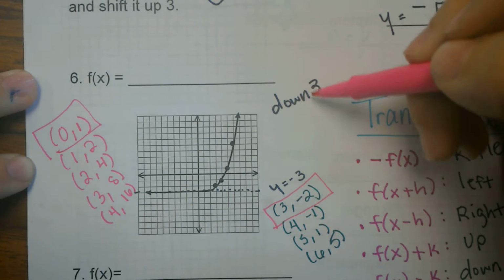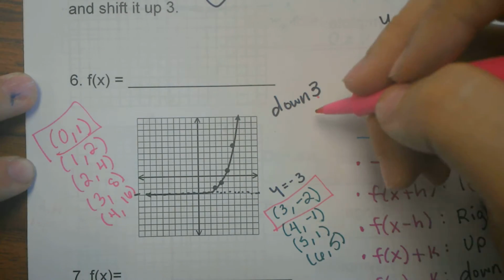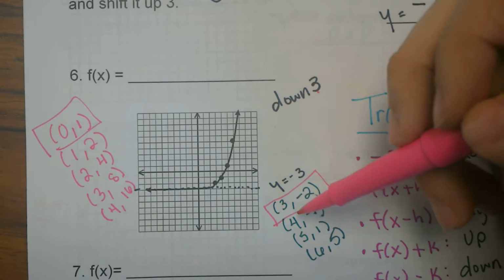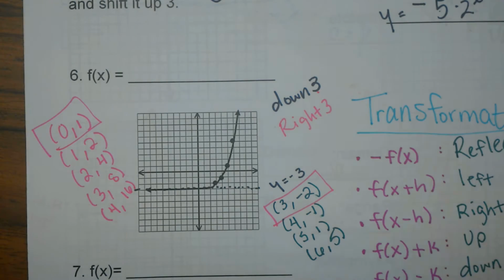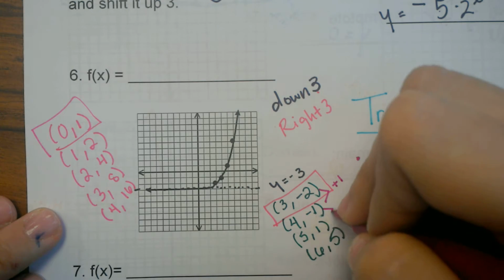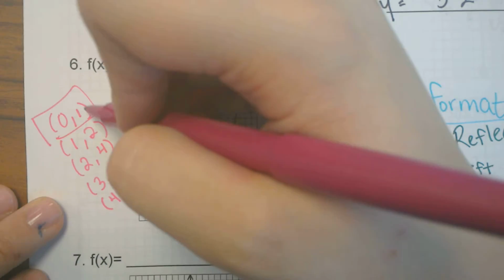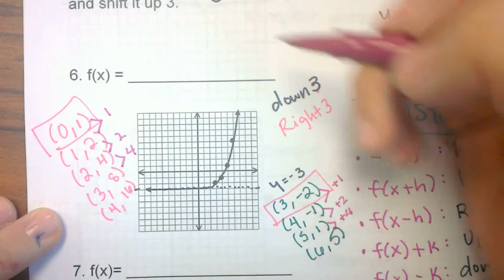We know that the y went down 3. 1 minus negative 2 is 3. And then from 0 to 3, it had to have gone right 3. And then to see if there's a vertical stretch or compression, I'm going to look at the change in the y values. So here, that's increasing by 1, increasing by 2, and increasing by 4, in which my parent function is increasing by 1, by 2, by 4.